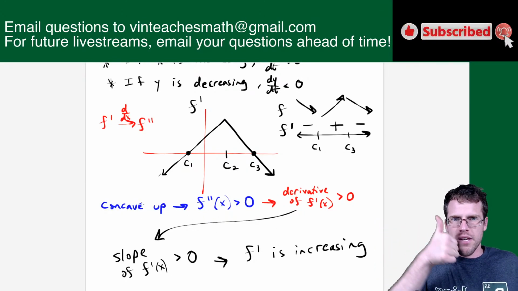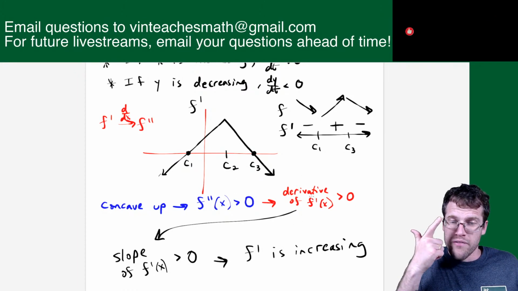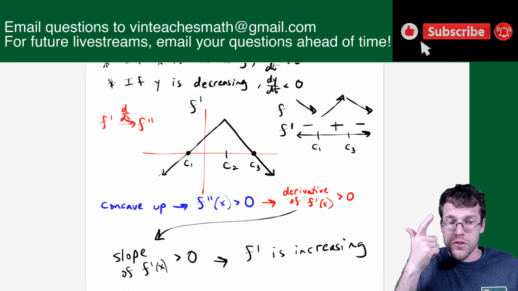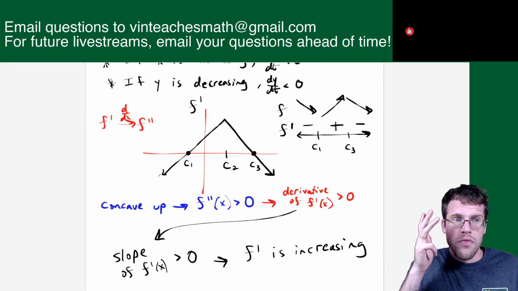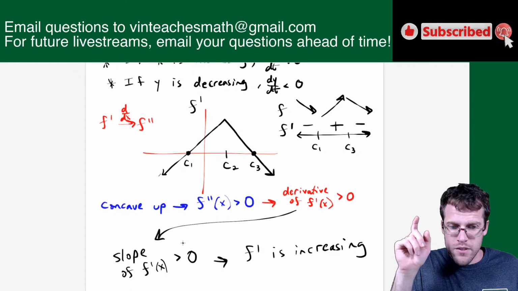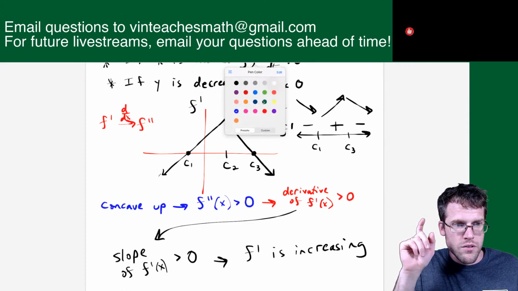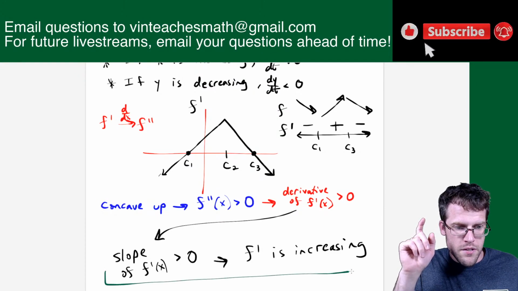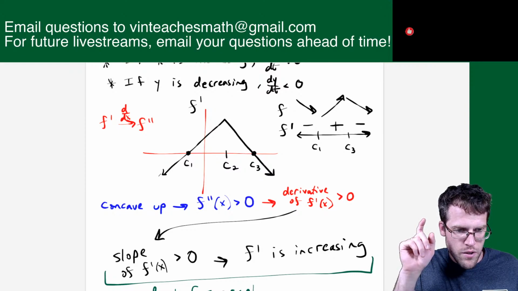If you could show the second derivative is positive, if you could show the derivative of f prime is positive, if you could show the slope of f prime is positive, if you could show f prime is increasing. The best way to do it for a graph, so once again, this is still at max, this down here, I'll switch colors, this is the best for graphs, okay?